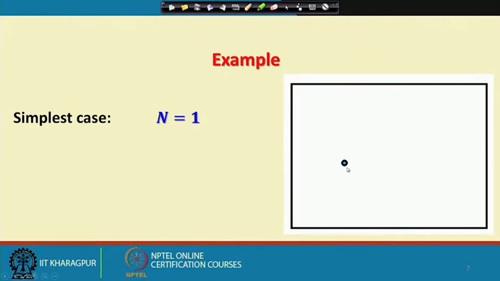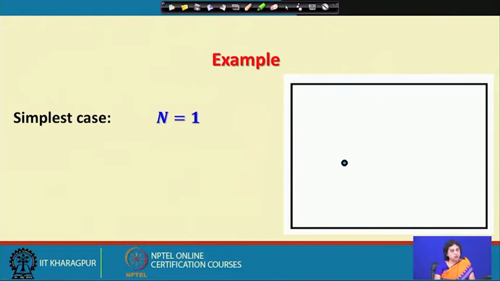And can I see this single particle with naked eyes? The answer is no. Therefore, any such picture tells you that you are now modeling the system at the microscopic length scale, and the dimensions of the box as shown here, if let us say this is A, must be much greater than the size of this particle, which typically is taken in terms of sigma.